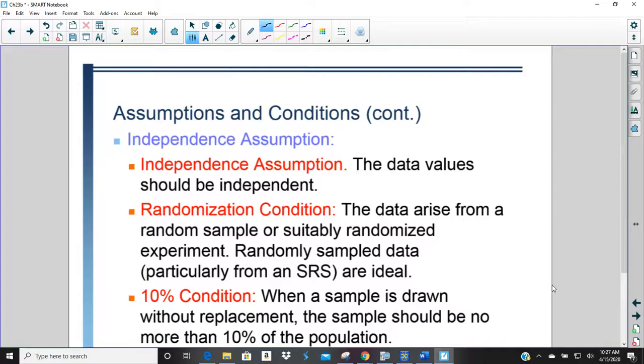So the assumptions and conditions for using the T model, which is for means, start with the independence assumption, which means that the data values are independent. Random: we would like it to be a simple random sample. Representative is fine as long as we can make sure that the representative sample is truly representative.